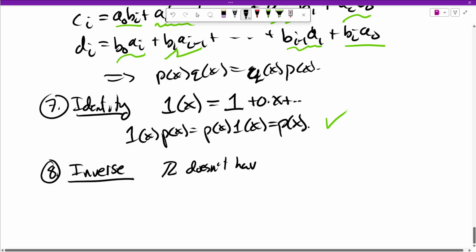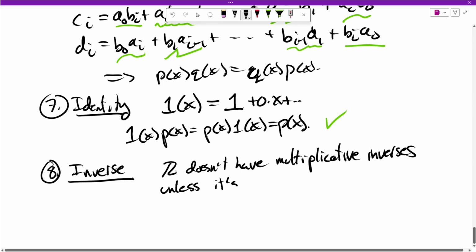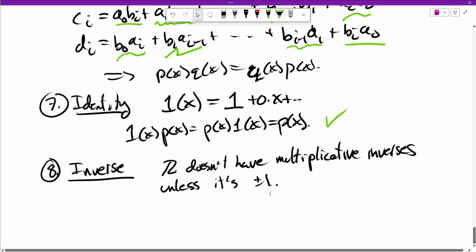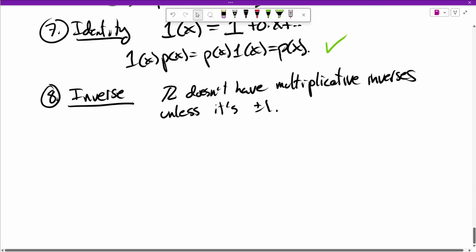So why should we expect something built from Z to have multiplicative inverses, unless it's plus or minus 1? We could skip this, but I think this is going to illustrate a really cool property.